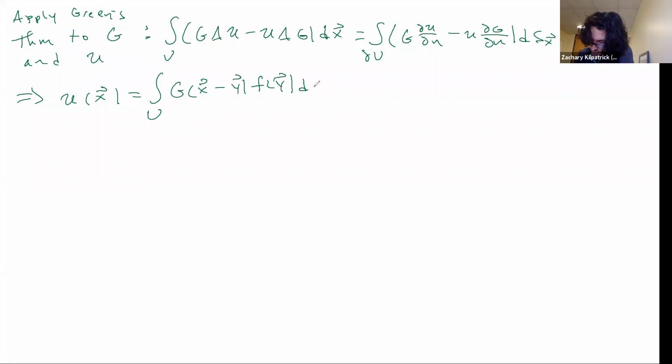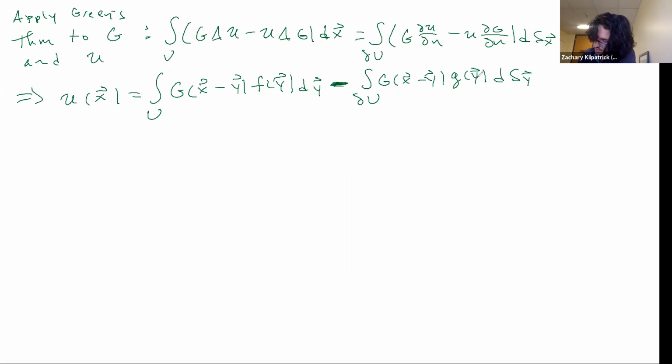The boundary terms are going to give us a contribution from this integral over the boundary, which again is going to just involve G. So I'm just swapping the identities of Y and X in the dummy variables here, and I get an integral of my Green's function against my Neumann boundary condition.